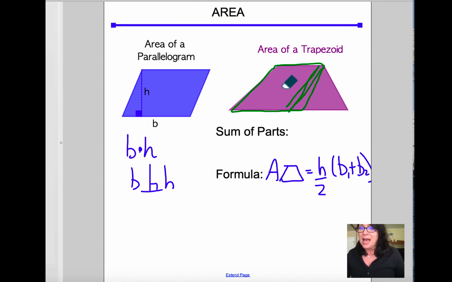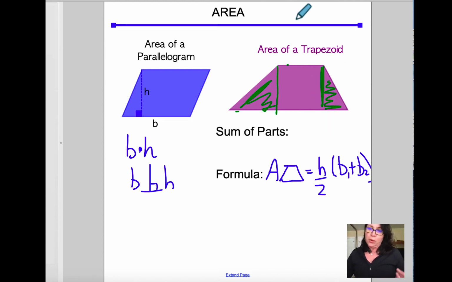You could think of it as a parallelogram plus a triangle, or as a triangle here, a square in the middle, and then a triangle here. So really, it's 2 triangles plus a square. There's lots of different ways you can do that.